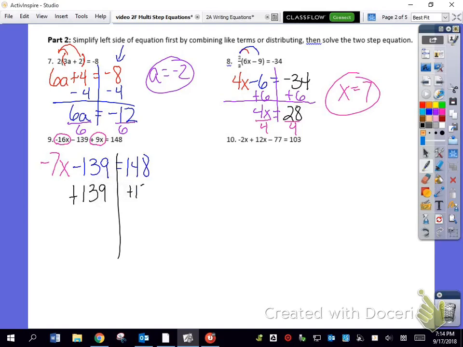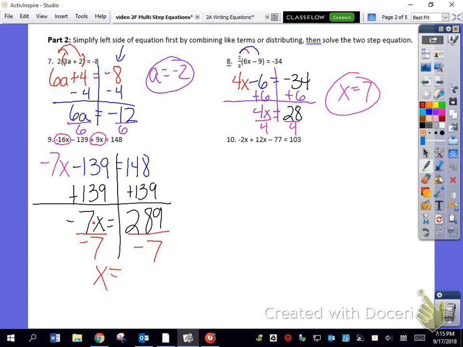So I'm going to add 139 to both sides. Negative 7x equals 289. And again, the opposite of multiplying is to divide. So I'm going to divide by whatever's out in front. So negative 7. Divide by negative 7. So x equals negative 41.